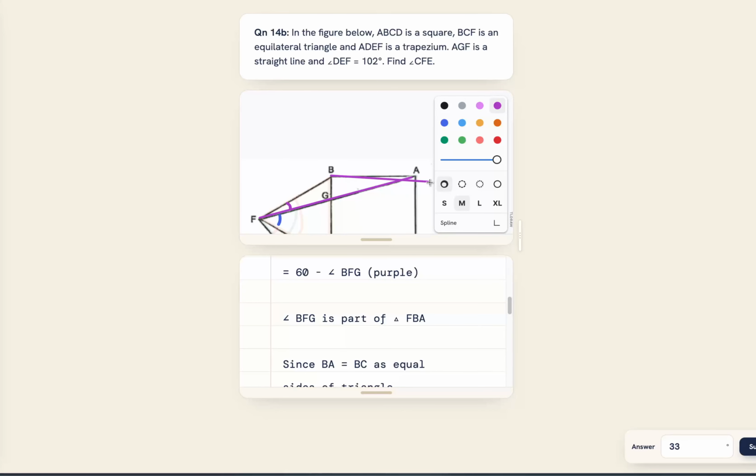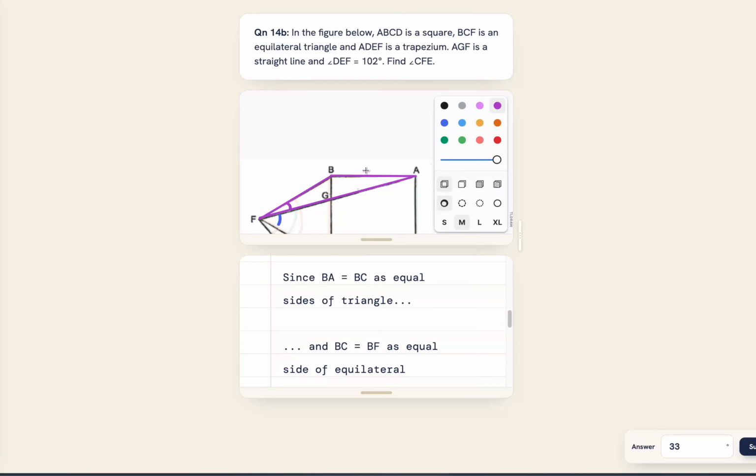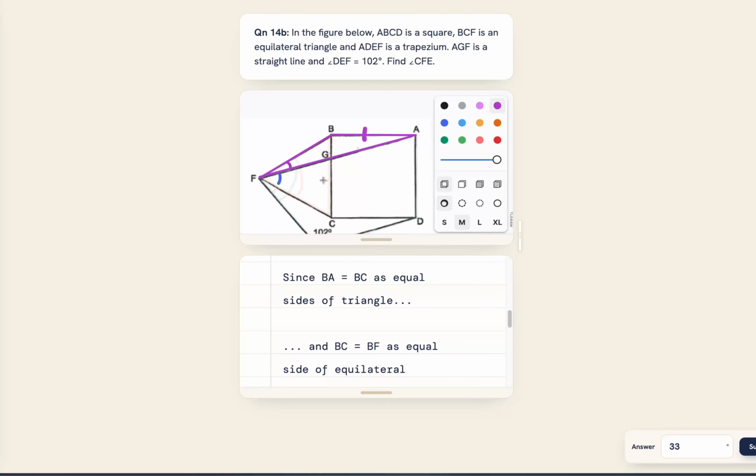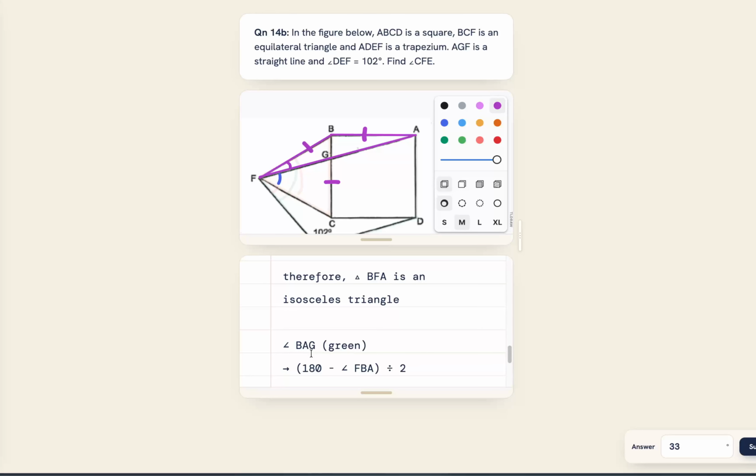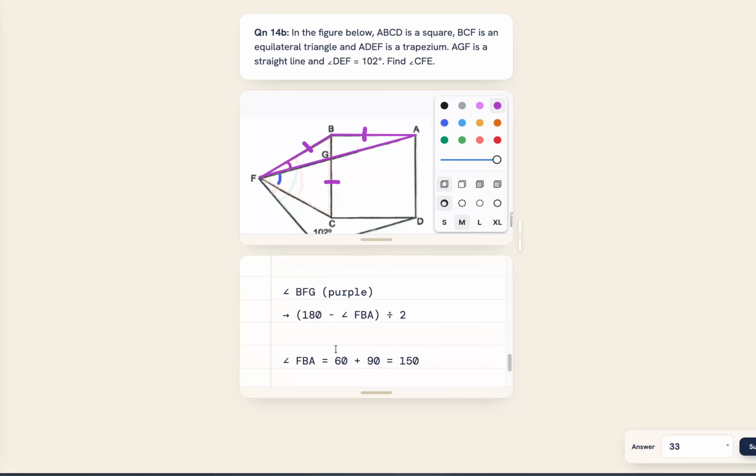To recap, BFG is part of the triangle BFA. Since BA is equal to BC because they are sides of the square, and BC is equal to BF because they are sides of the equilateral triangle, BFG in purple is basically 180 minus FBA.